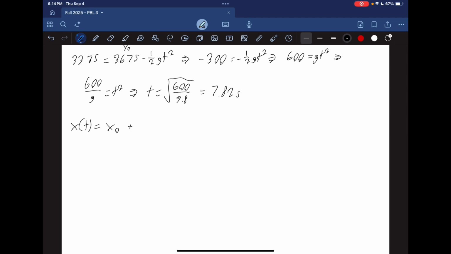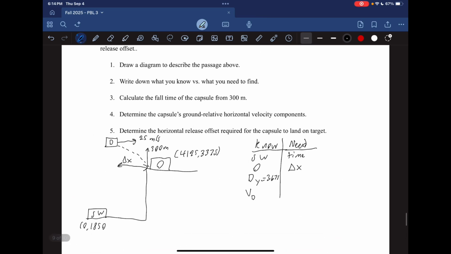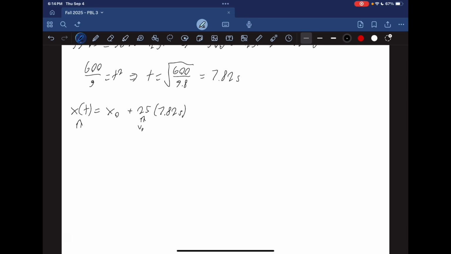And then plus 25, this is v naught, because the package is in the plane, it's going to be traveling at the same initial velocity as the plane. And this is multiplied by time, which we found to be 7.82 seconds. And then this x of t is the final x position of the package, which is at 4125. So our full equation is 4125 equals x naught plus 25 times 7.82.